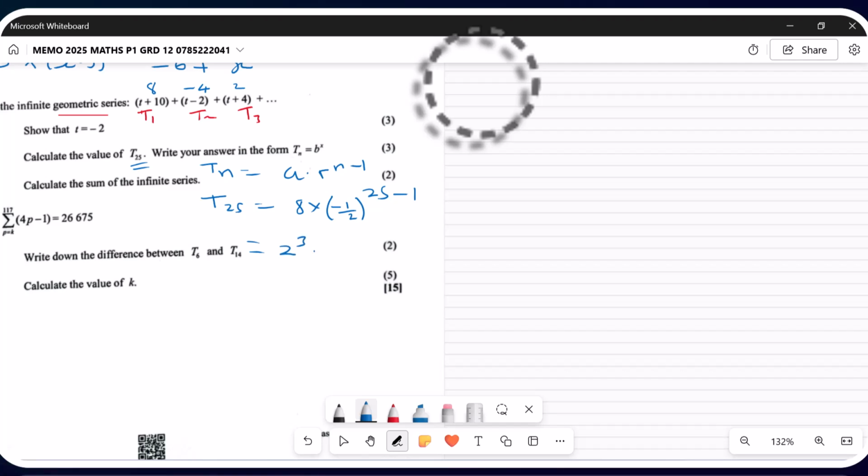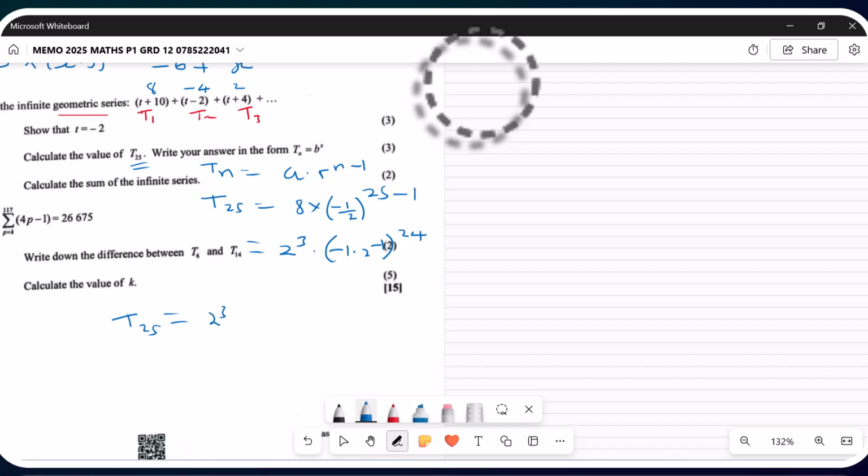So now this one here, because of the even power, it gives me 1. So I have 2 power 3. What about here? I'm going to say 2 power negative 24. So 3 minus 24, it gives me minus 21.